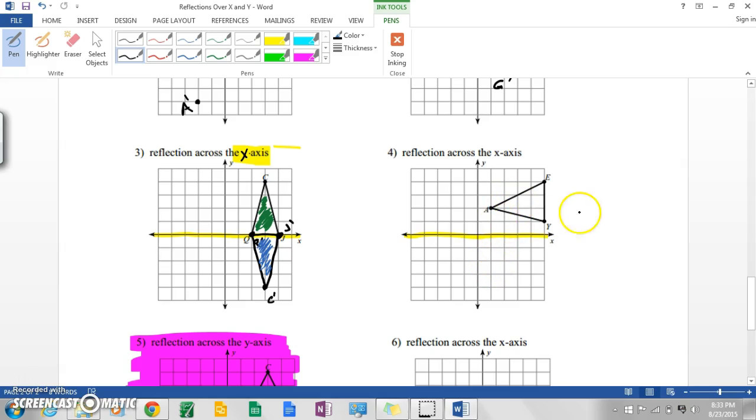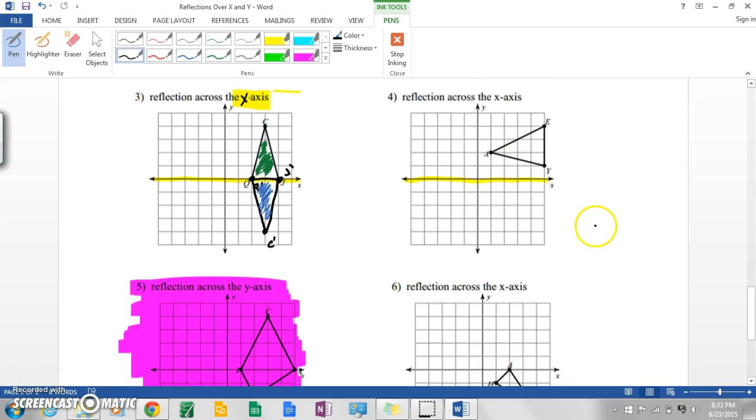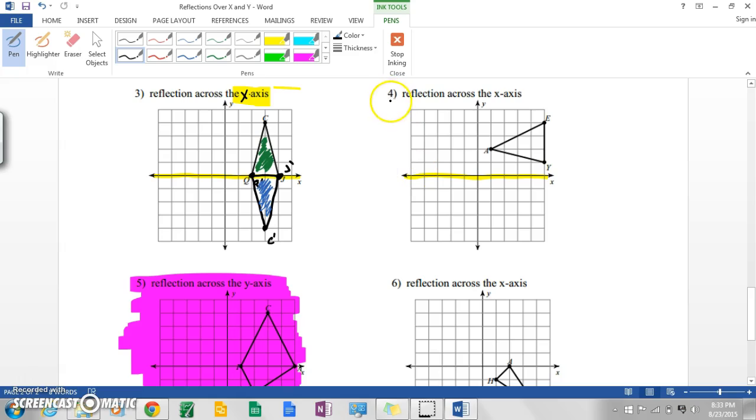Okay, at this point you should have paused and you should have tried 4 and 6 on your own. I'm going to walk through 4. The line of reflection is the x-axis. So I'm going to start here. I'm going to count to my first point. Count up 1 to the y. So my y appears right here, y prime.